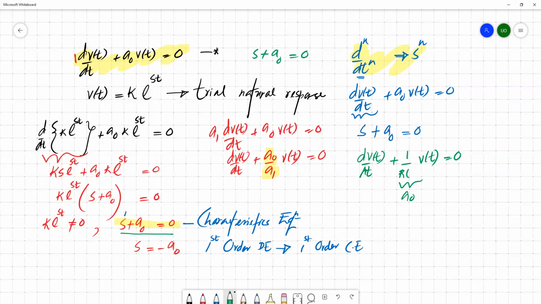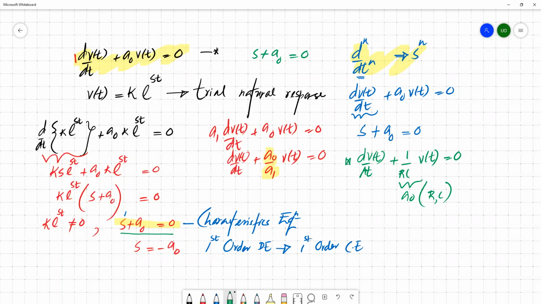If it is unknown, it is basically a function of the parameters in the circuit. For this example, A naught is a function of R and C. If you know R and C exactly, you can find a numeric value for A naught. Okay.